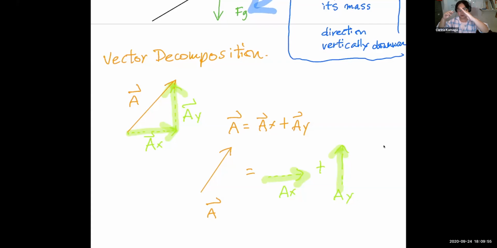So we decompose the vector into AX and AY.